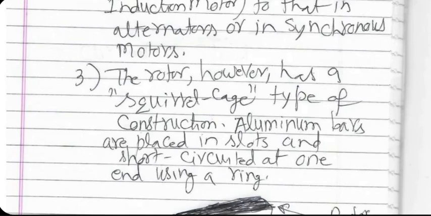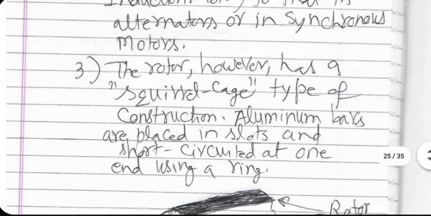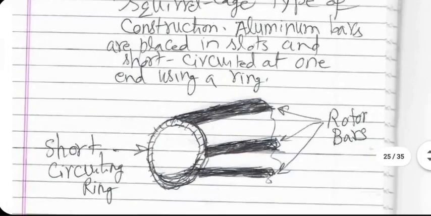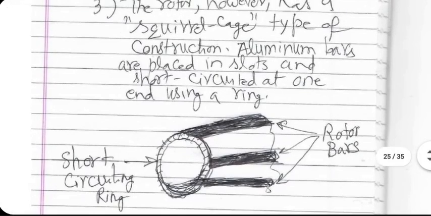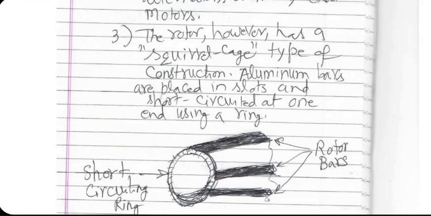Squirrel cage construction means this. The rotor doesn't have thin wires, thin conductors on it. Instead, it has solid copper or aluminum bars on it, which are short circuited on both sides using metallic rings.